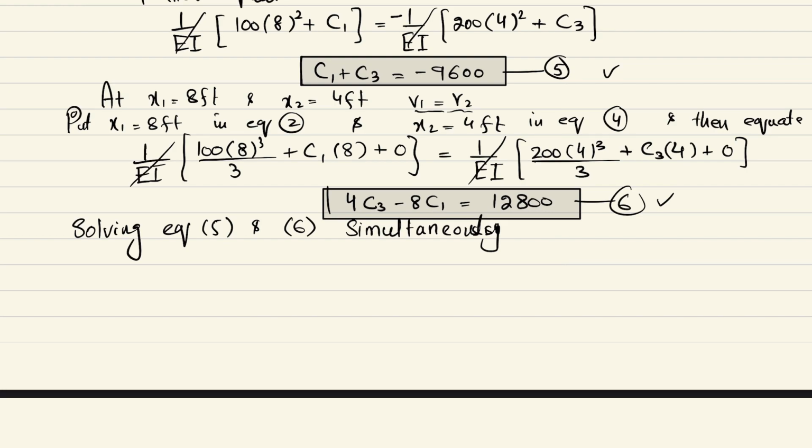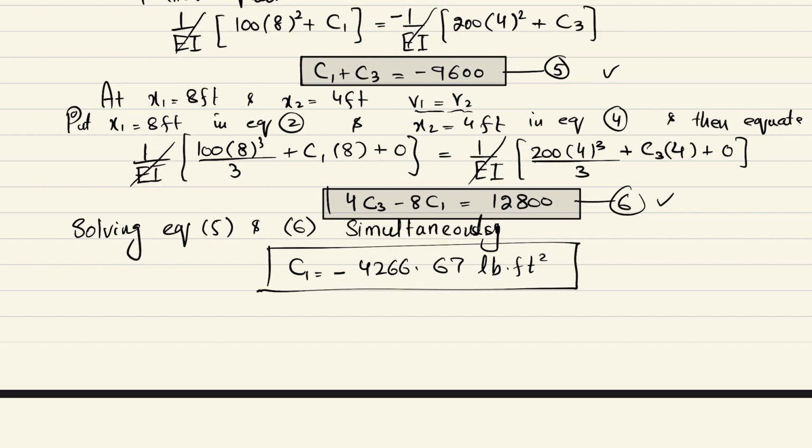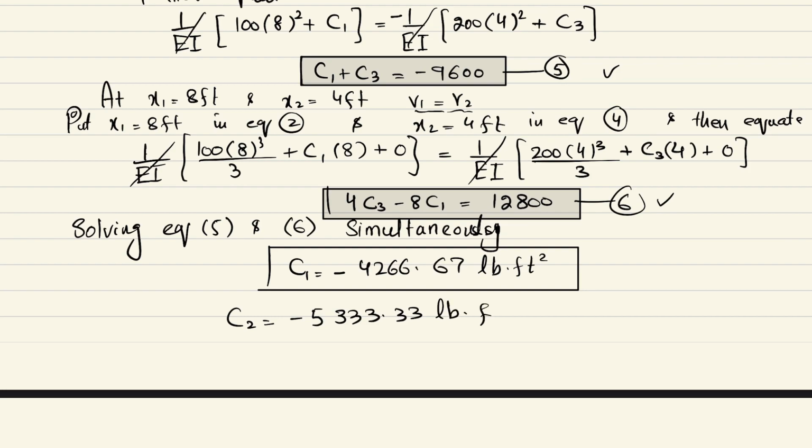You will get C1 is equal to minus 4266.67 pounds into feet square, and C2 will be equal to minus 5,333.33 pounds into feet square. So now you have C1, C2 as well.